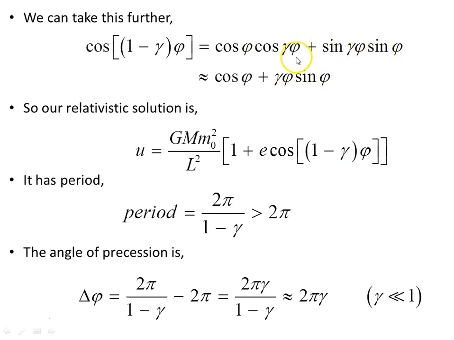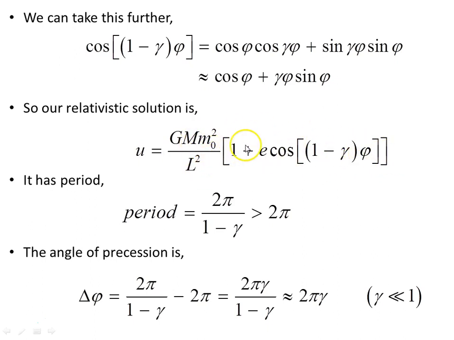And as we saw on the previous page, for small gamma, cos of a small angle is just 1, and sine of a small angle is just the angle, so we can call that gamma phi times sine phi here. So this line is approximately equal to that one. So our relativistic solution is approximately, should have an approximate sign in here, u is this object here.